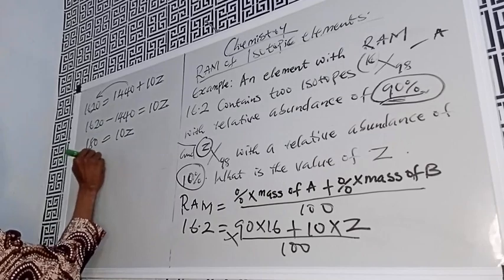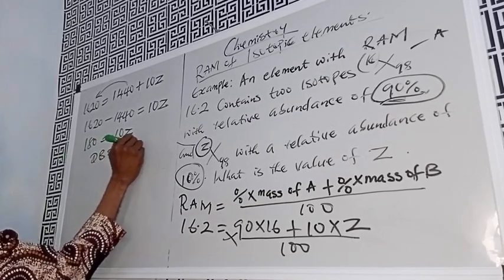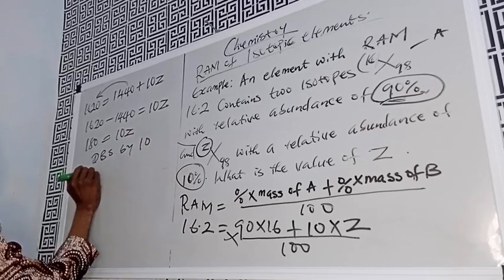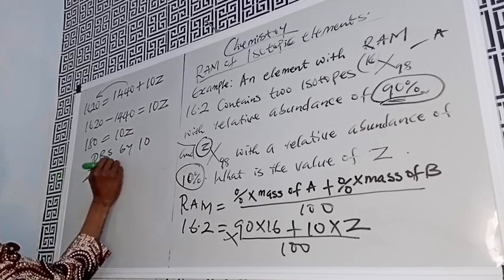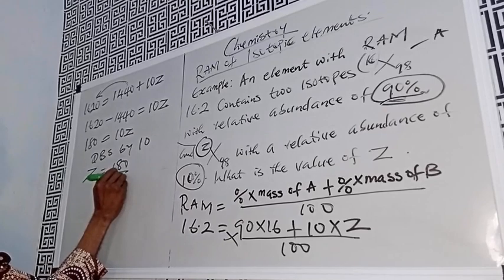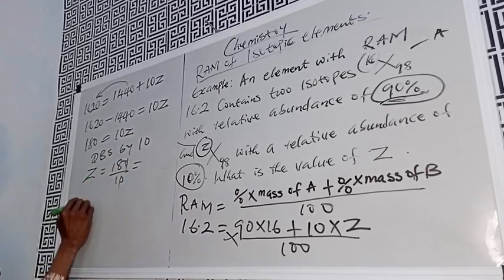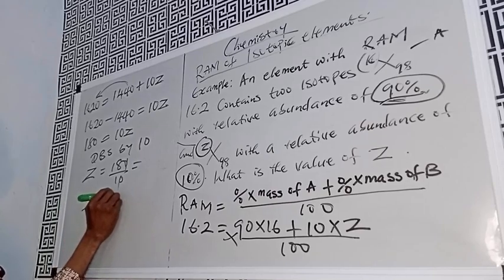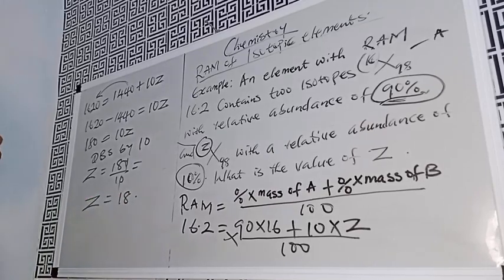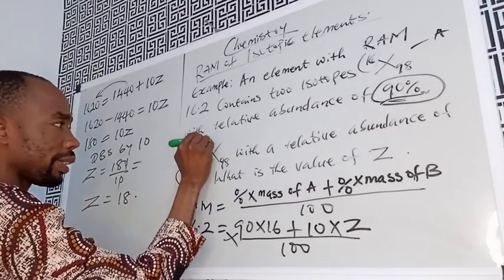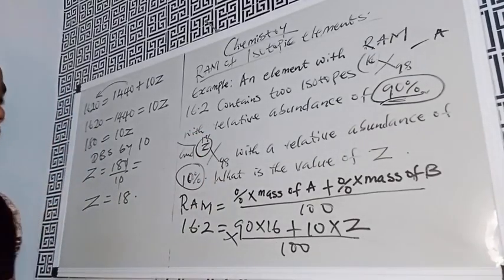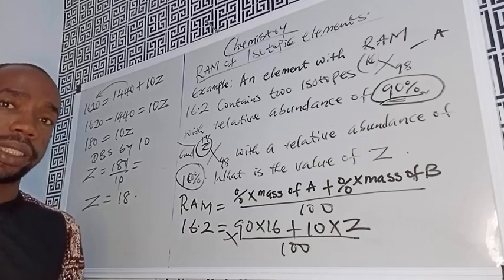So we divide both sides by 10, and z is equal to 180 over 10, which is 18. So it means that the atomic mass of this particular atom here is 18.